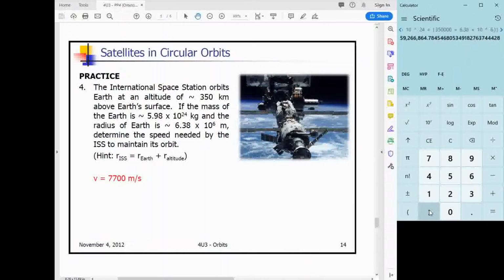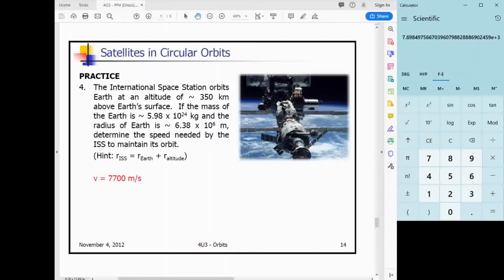I'll close the second bracket, and then I will raise this to the power of 0.5 to get our square root. And we end up with a velocity of 7,700 meters per second. And you can write this as 7.7 times 10 to the 3, or I would accept it if you wrote 7700.